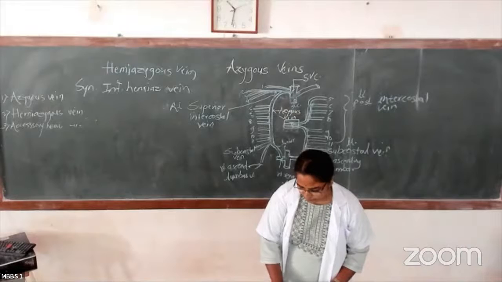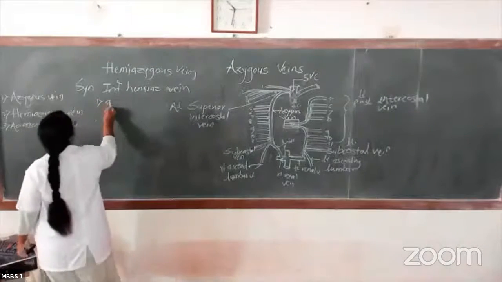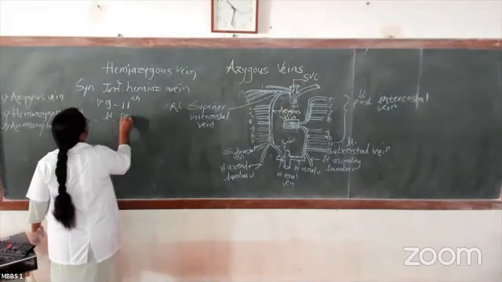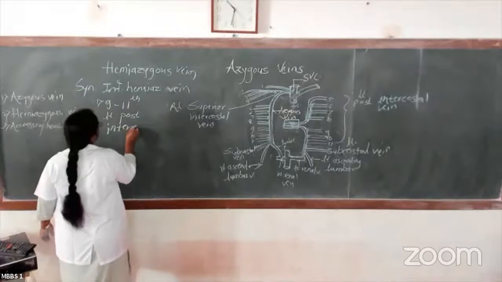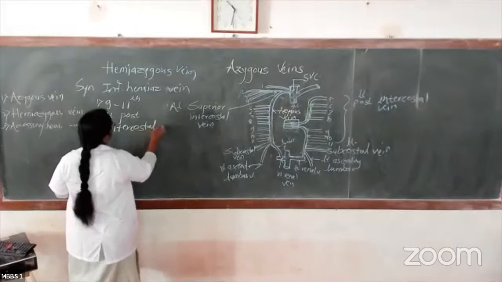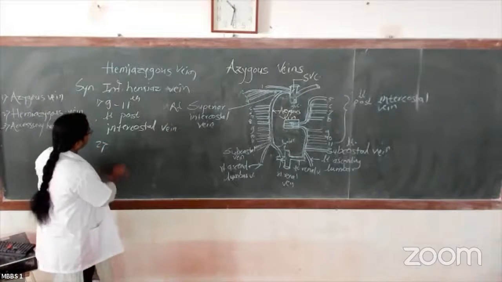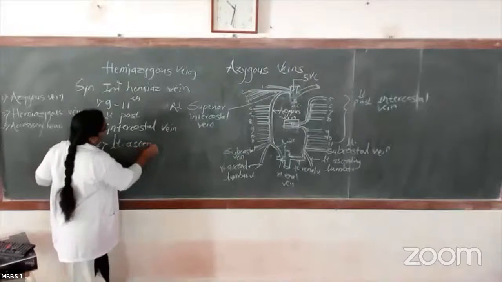So what are the tributaries of it? 9 to 11 left sided posterior intercostal veins. Then next tributary will be the left ascending lumbar vein.